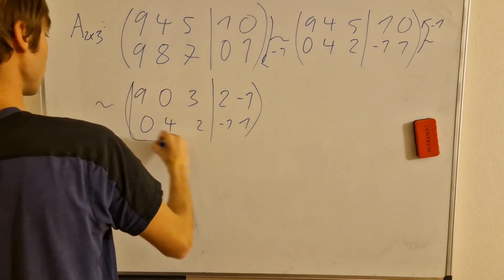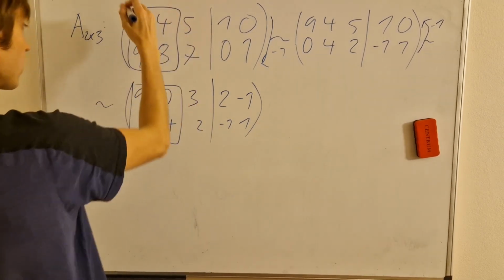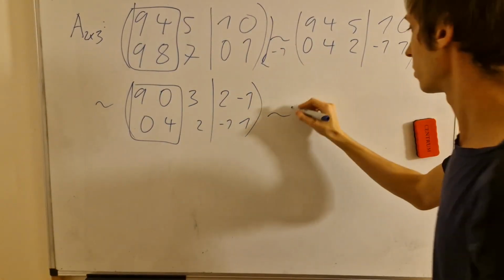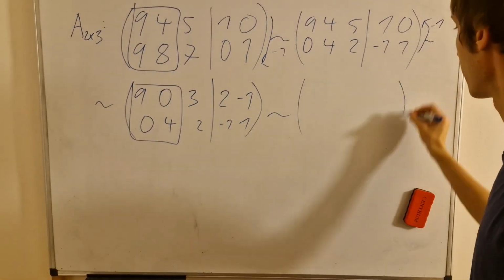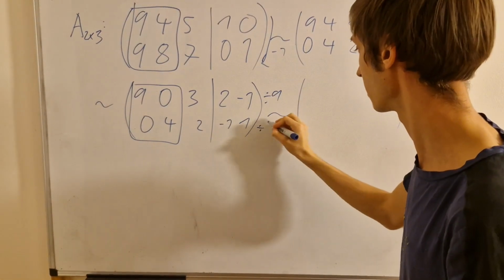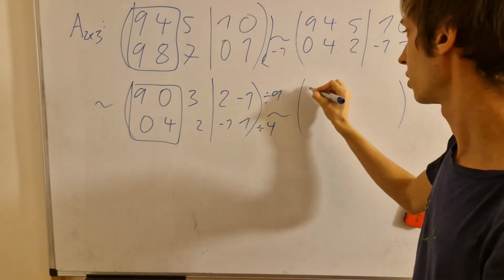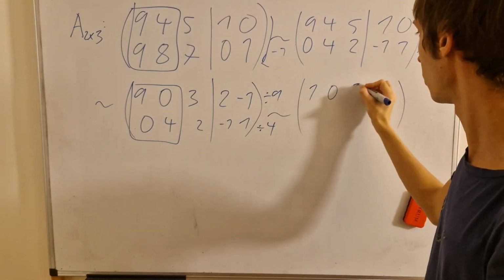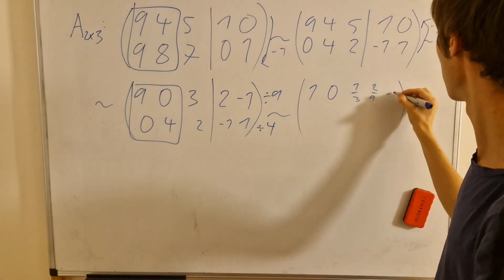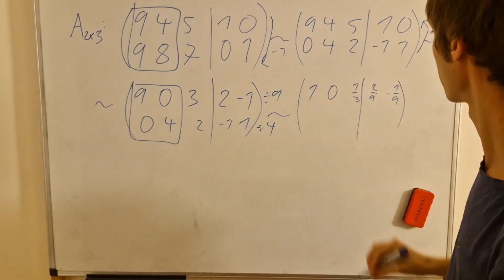What I want is to just repeat. I want this square to become 1, 1, 0, 0. So what I'll do to the whole augmented matrix now is divide this by 9 to get a unit there, and this by 4, the whole row. So 1, 0, 1/3, 2 over 9, minus 1 over 9.